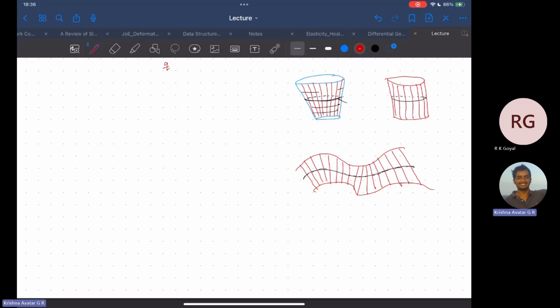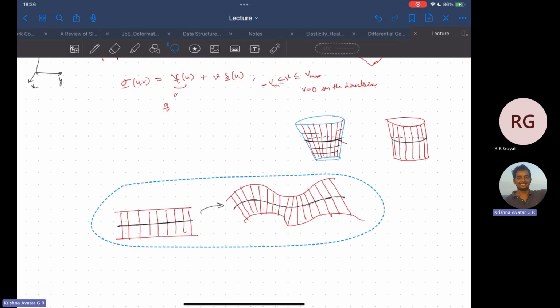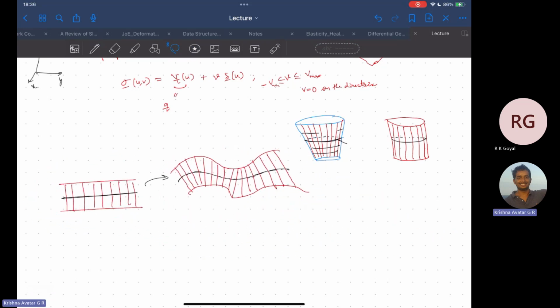Ideally we had a rectangular strip like this with rulings like that, with this as the directrix. And this was mapped like this by applying forces and moments to get this deformation. So we can now understand how general these rulings are, and how we can have so many different types of surfaces which we can idealize as a ruled surface. Ruled surfaces are very interesting. They have some very good properties, and we'll come to know them gradually as we discuss further.